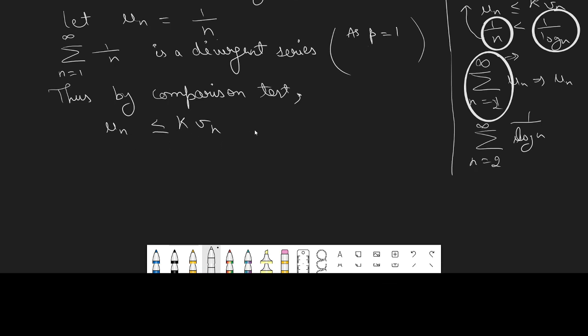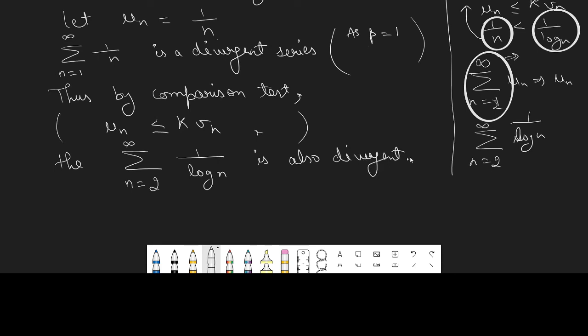So therefore, by the comparison test, this series, summation n equals 2 to infinity 1 by log n, also diverges. Okay, so this is the example for the comparison test.